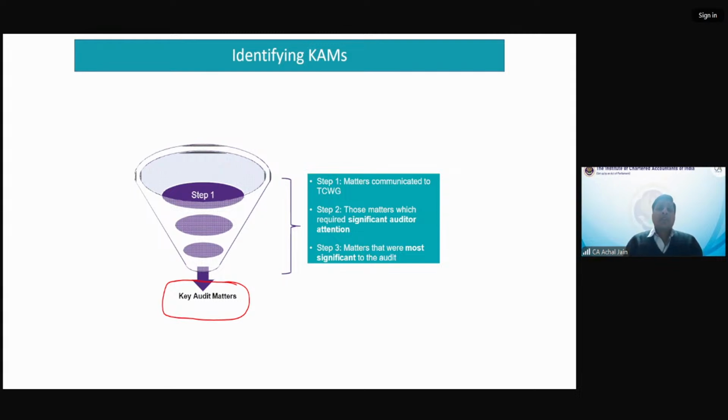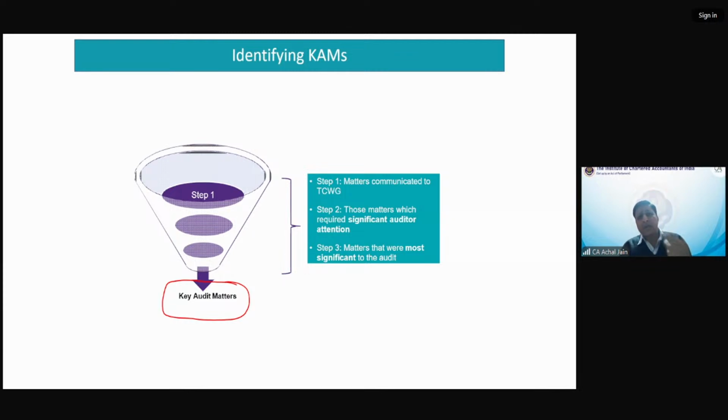Now, there's another aspect to this. During the course of the year, let's talk about some of the large companies wherein the audit goes on almost throughout the year or for months. During that period, there are a lot of areas, a lot of problems which the auditors may face.